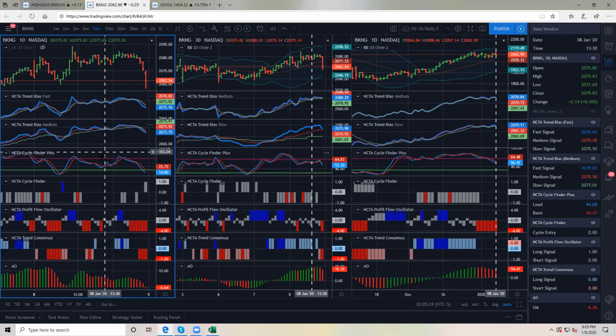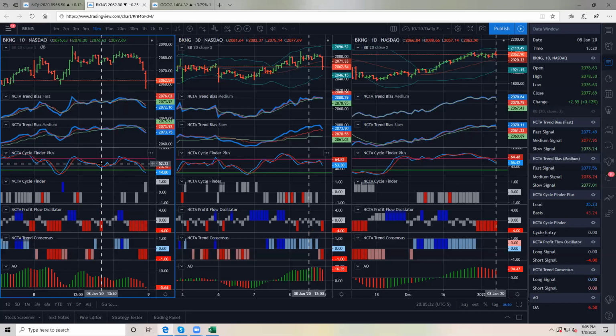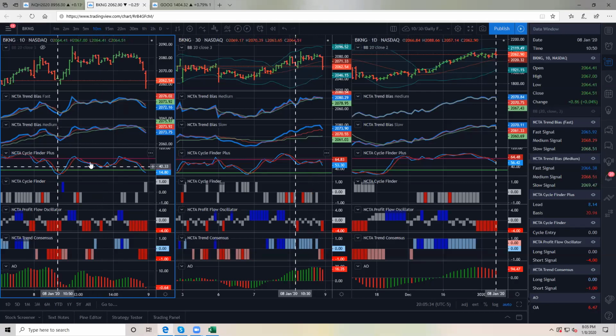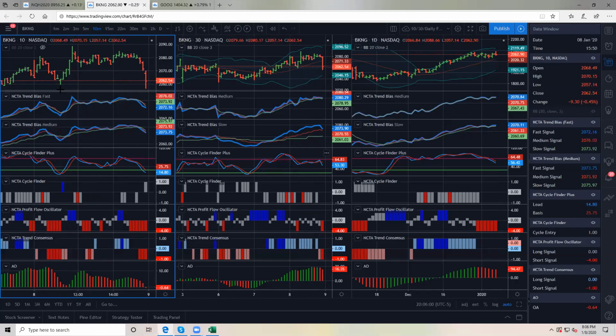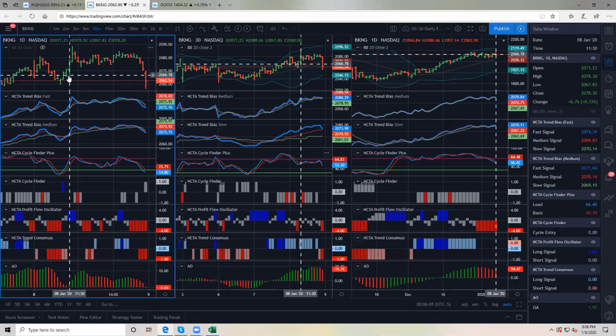So when you have an opportunity to really study the Cycle Finder Plus, you start looking at crossovers, and you simply look at the cross and where that aligned to the price shift. Here was a cross on a 10-minute bookings signal, and it crossed at 11:10, and the bar before that, the 11 o'clock bar, we can now look back and see was the lowest low of the previous declining cycle and the lowest low of the new rising cycle.